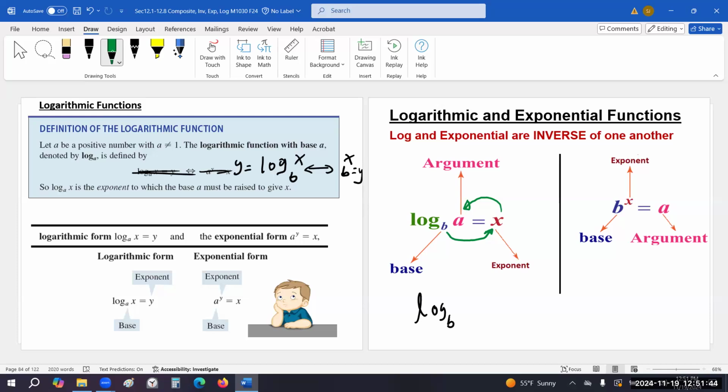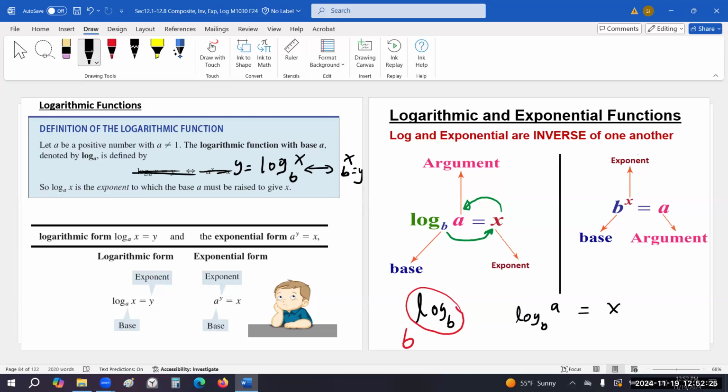Log has a property: if you raise the base to the log with the same base, they all cancel out. Initially we have log base b of a equals x.